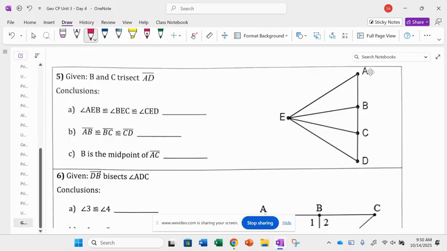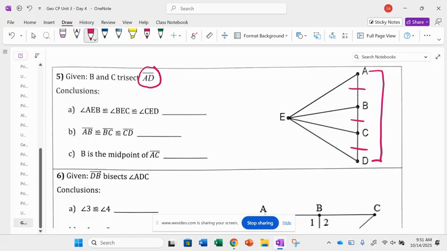So they're saying we're trisecting segment AD. So remember, the prefix tri means what? Like a triangle, a tricycle, tri means 3. So we're trisecting a segment. So that means I need 3 equal segments from that.